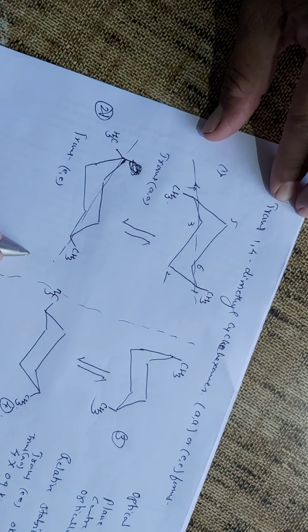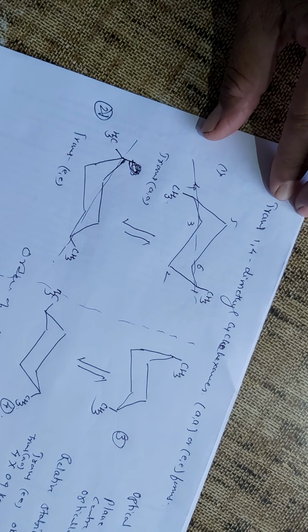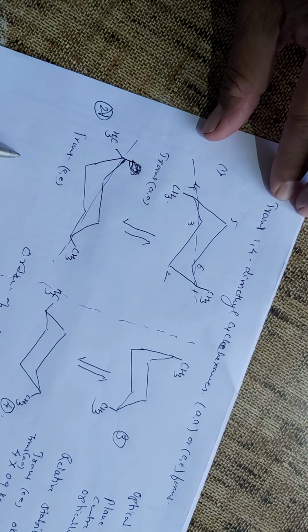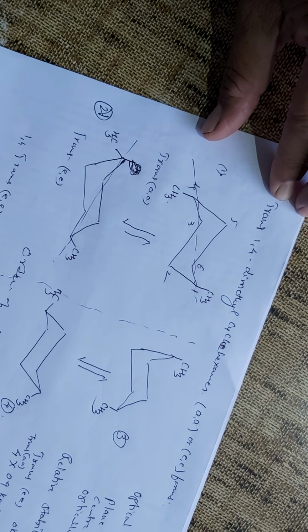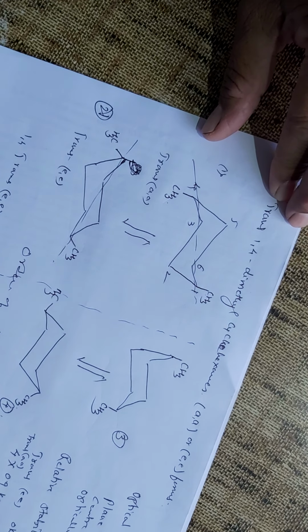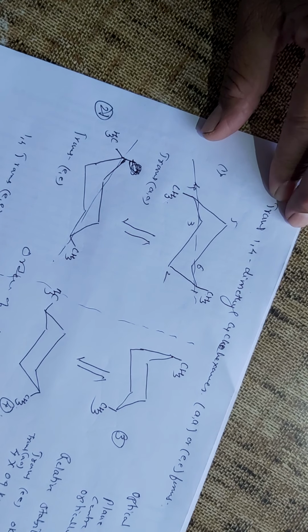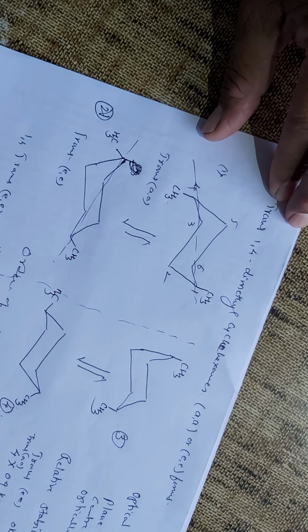And so the order of stability is that trans equatorial equatorial 1,4, having 0 kilocalories per mole energy, is more stable than cis axial equatorial and cis equatorial axial 1,4.